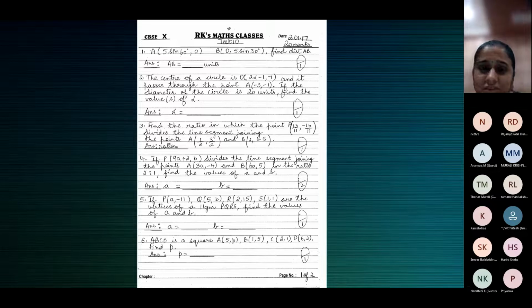No. A is right, minus 1 by 2. B is not 14. B is 2. So 2 of them have got it right, Ananya and Ram. Ramnathan, you got it right? Yes, ma'am. B is equal to 2.